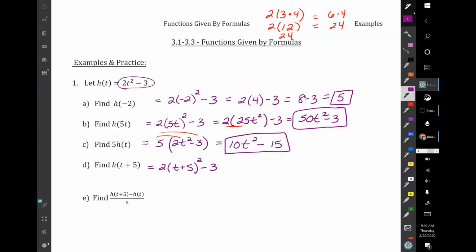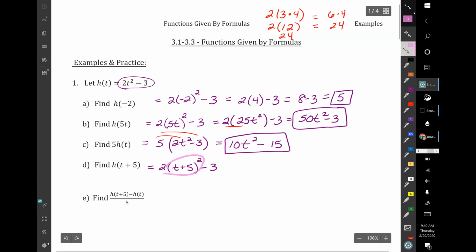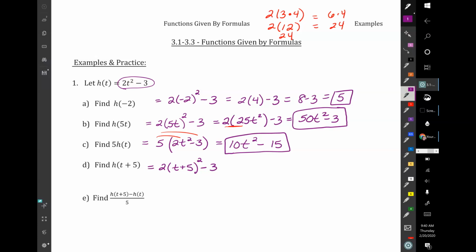So remember, don't be tempted to distribute before you apply the power rule. We have to square this t plus 5 squared. And then I can start simplifying down from there. So you guys are all getting really great at this. So go ahead and try that on your own. You want to pause the video. I'm just going to go ahead and do it, but you can try it first.